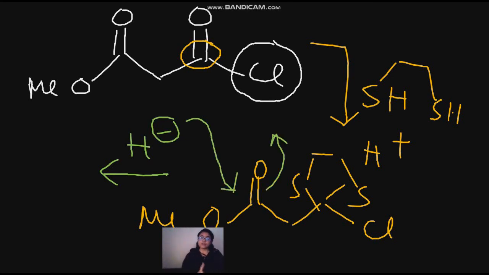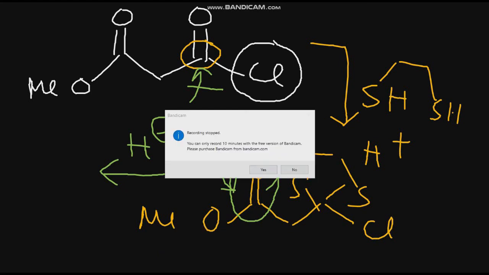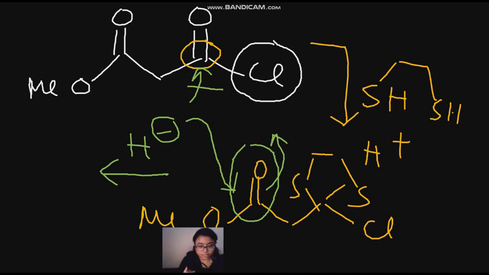If we had added hydride before protecting this carbonyl group, then hydride would attack this chlorine bearing carbonyl group. As we have protected this group, hydride can now attack the less reactive carbonyl group. So by using the protection methodology, we can reduce the less reactive carbonyl group.